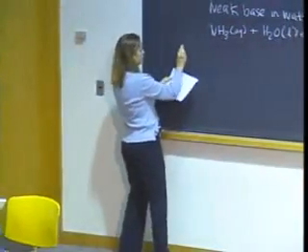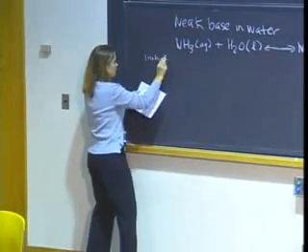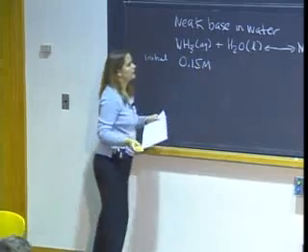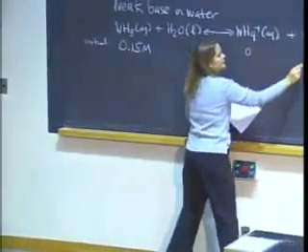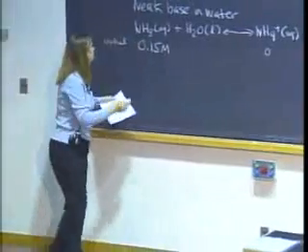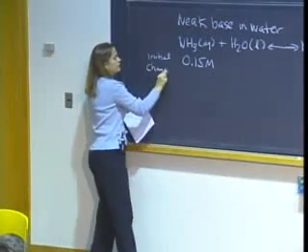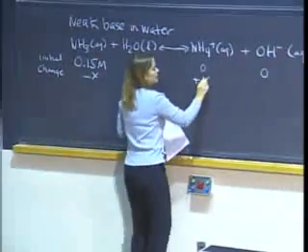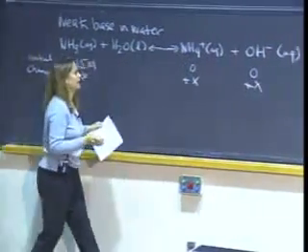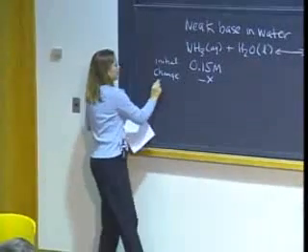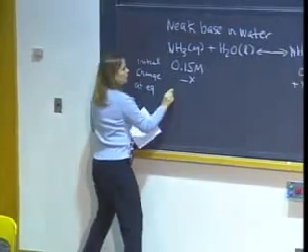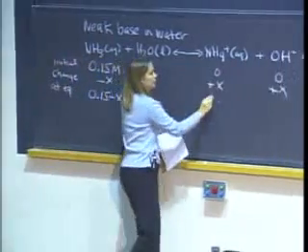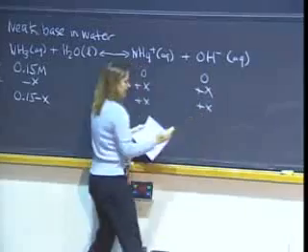All right, so if we look at this problem, we have an initial concentration of 0.15 molar, and we don't have any of this, and we don't have any of that. The change is going to be minus x, plus x, and plus x. Then at equilibrium, we'll have 0.15 minus x, and we'll have x and x.